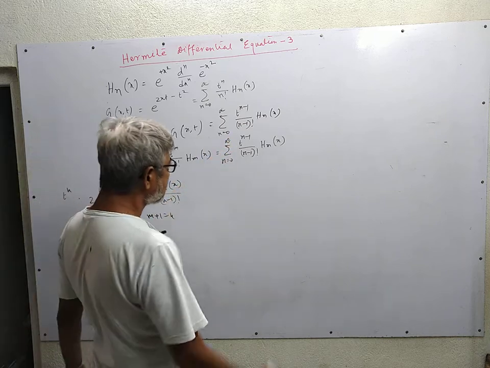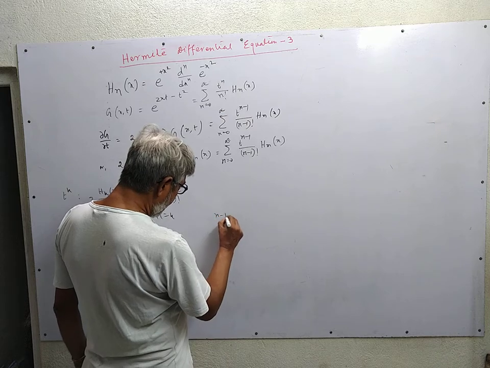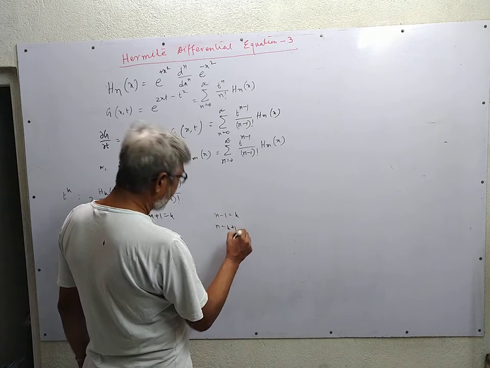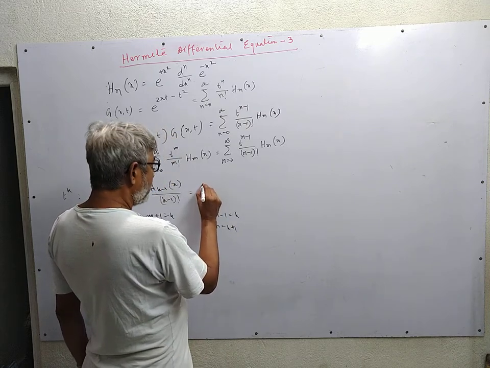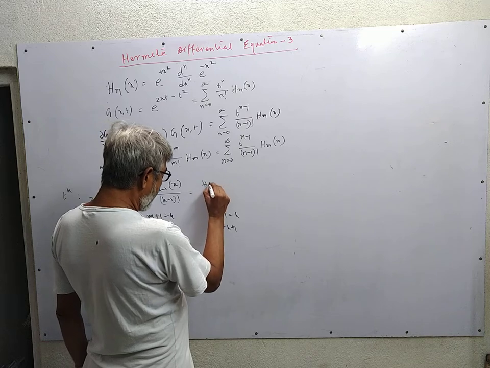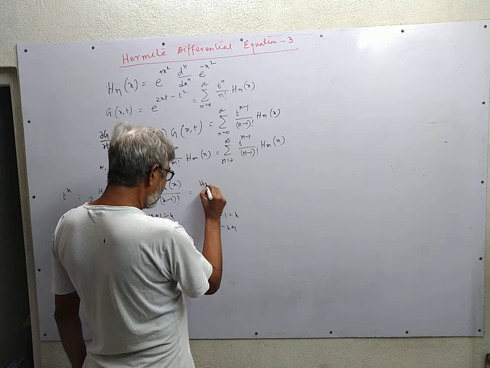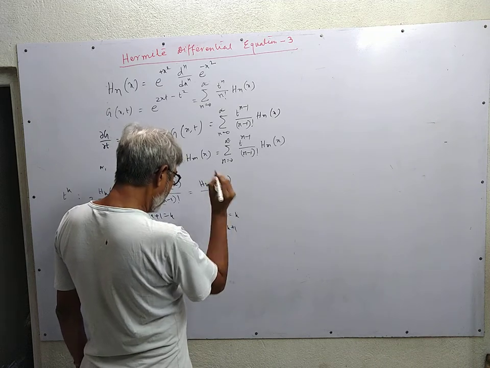And this term will contribute to t to the power k when n minus 1 is equal to k, that is to say n is equal to k plus 1. So this is H of k plus 1 of x by k factorial.